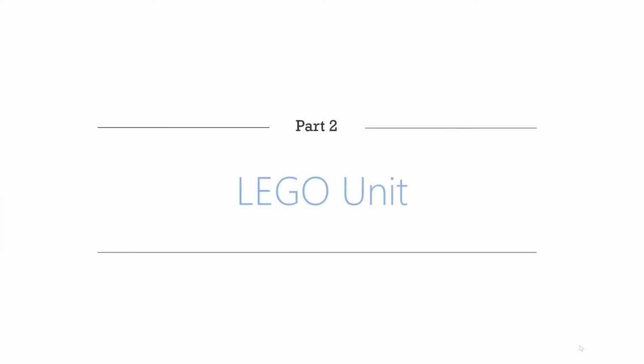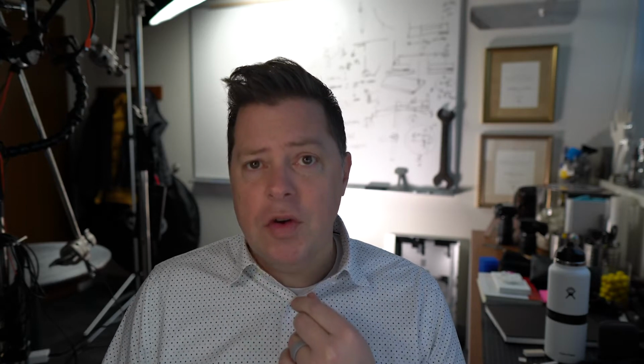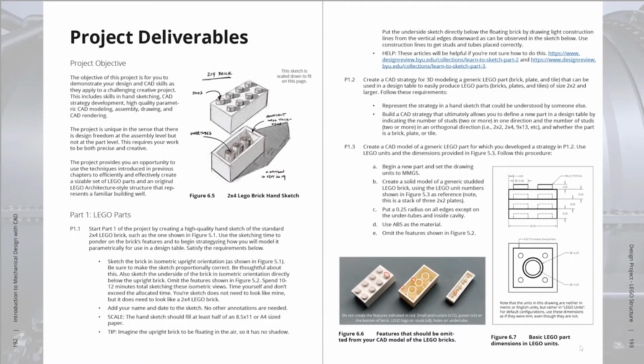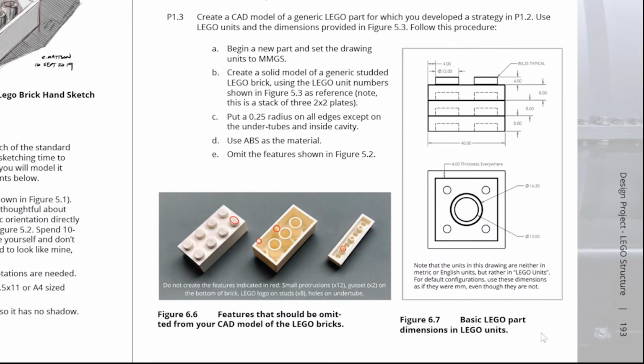Time for us to talk about part number 2, which is the Lego unit. It's really important for you to know that in the project deliverables, when it's time for you to create the 2x4 Lego brick, you are being asked to create it in something called the Lego unit. The Lego unit is neither millimeters nor inches. It is its own thing.